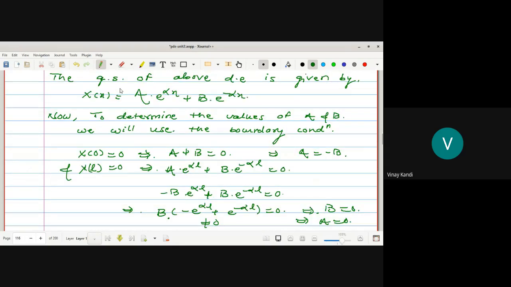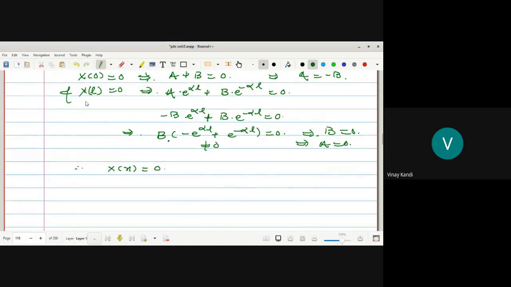By putting the value of A and B we get here X of x is 0. Okay, in this case again we get the trivial solution of equation number 6. Hence again we ignore this solution. Okay, so this is again the trivial solution.